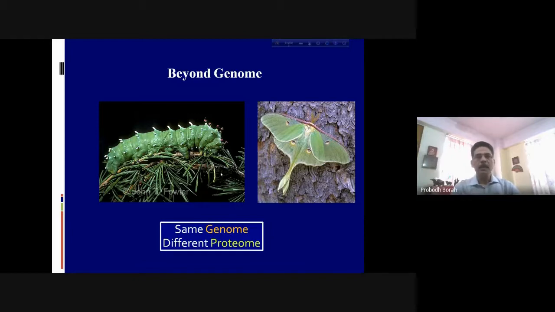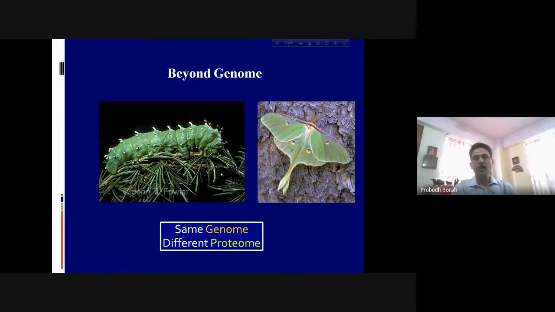However, if we isolate the genome of the different stages of the same organism and go for sequencing, we find exactly the same sequence throughout the length of the genome. The genomic sequences in the 4 different stages of the same insect will be 100% identical. But even then, physiologically and morphologically, that is phenotypically, they are quite different.